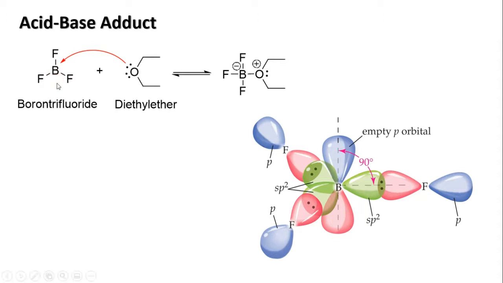Since it's not octet, it has an empty p orbital there. Boron by itself is really reactive because of its empty orbital. I usually call boron and aluminum a neutral carbocation. Carbocation has a positive charge, and that's why it has an empty p orbital.